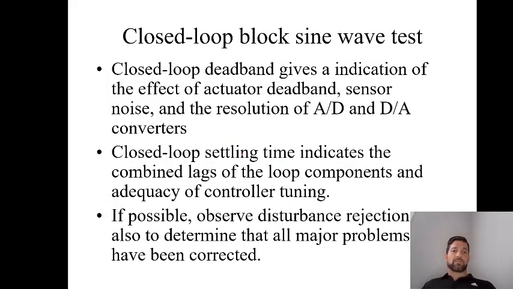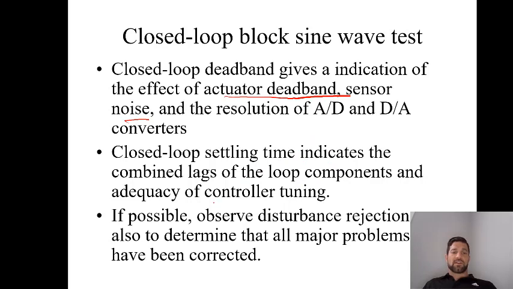Okay, so the closed loop deadband gives an indication of the effect of the actuator deadband and the sensor noise, along with the resolution of the analog to digital converters. The closed loop settling time is going to be indicative of the combined lags of all of the loop components. Again, these are things that you can determine and calculate theoretically as well.